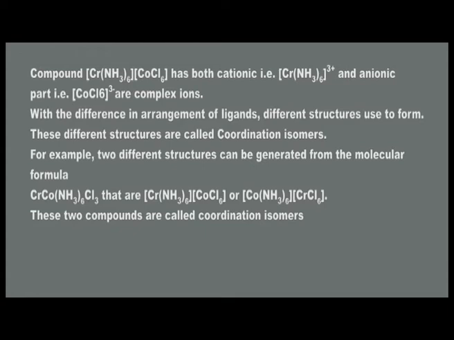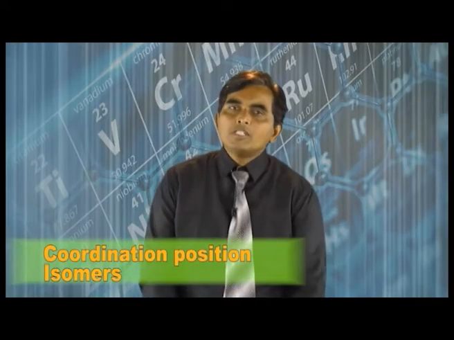These different structures are called coordination isomers. For example, two different structures can be generated from the molecular formula CrCo(NH3)6Cl6, that are [Cr(NH3)6][CoCl6] or [Co(NH3)6][CrCl6]. These two compounds are called coordination isomers.